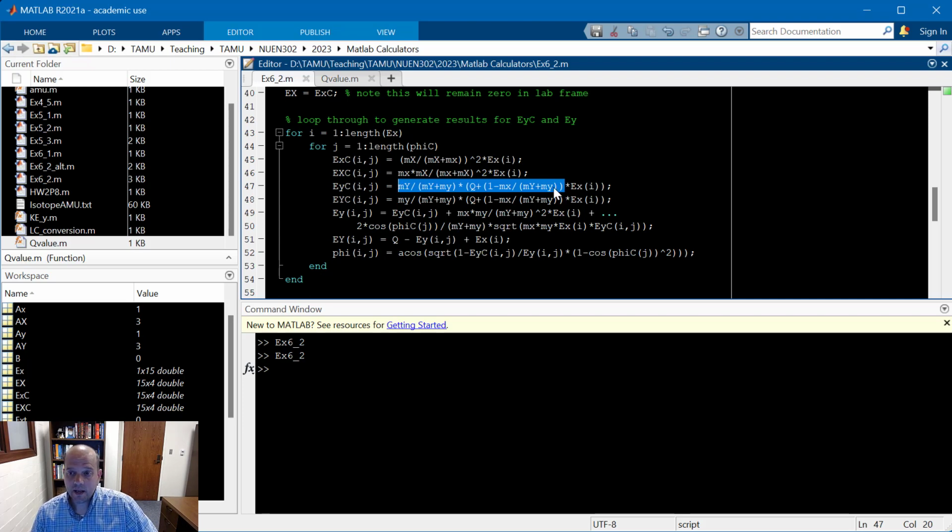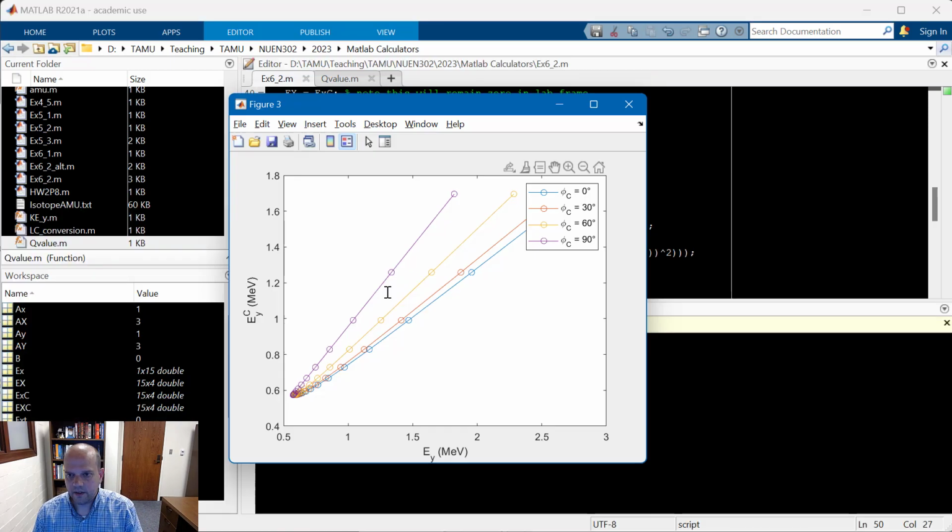But in this case, we don't see that because if we were plotting this versus EX, then we would see, again, all those curves lie on top of each other. But we're plotting EY versus EYC. So EY is dependent on this angle. And so as I go and I look at this figure again, I can see that for any value of EY, let's say, each one of these data points has the exact same Y value.